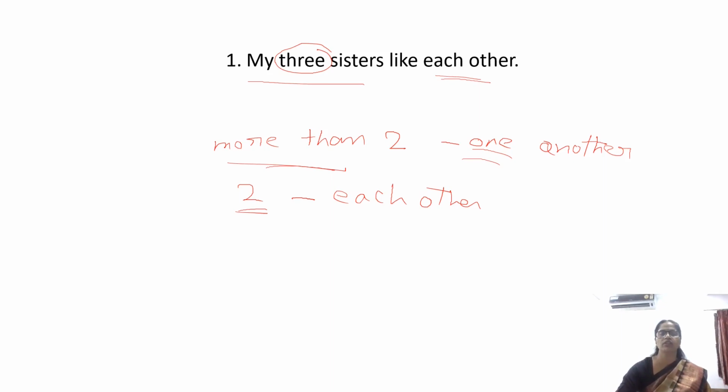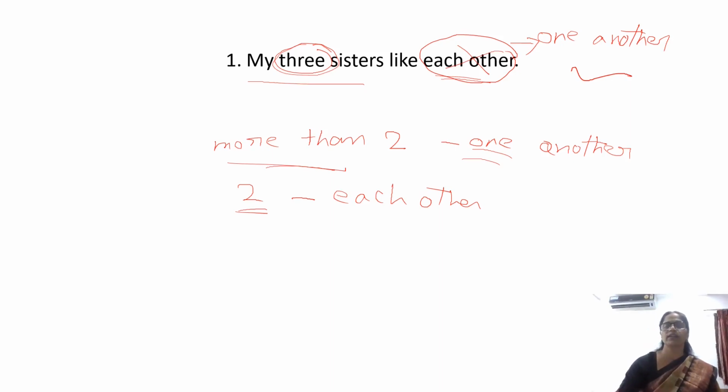How many sisters here? We have three sisters. So we have more than two nouns. So here it's not each other. In place of each other, we need to use one another. So my three sisters like one another is the correct answer.